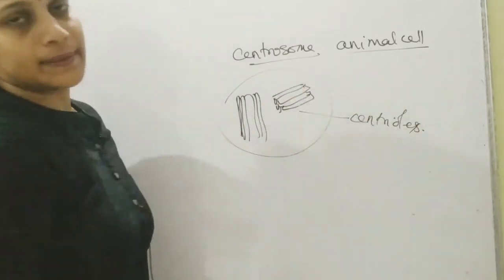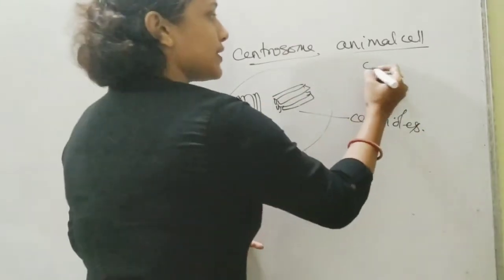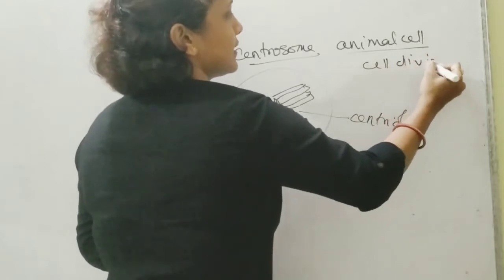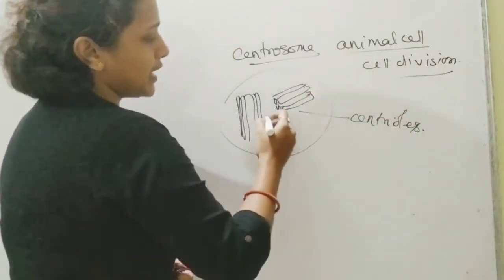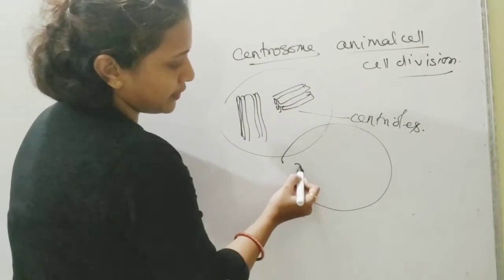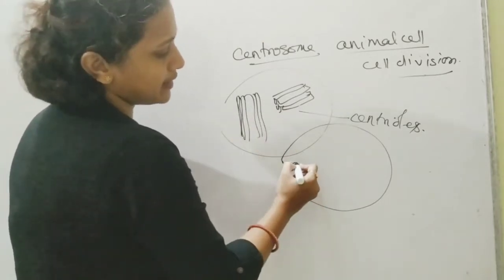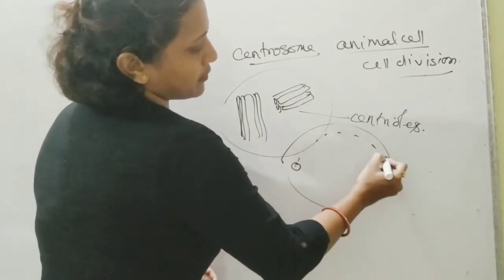What are the functions? During cell division, these centrioles move from where they are located, and the other centriole moves to the opposite end.